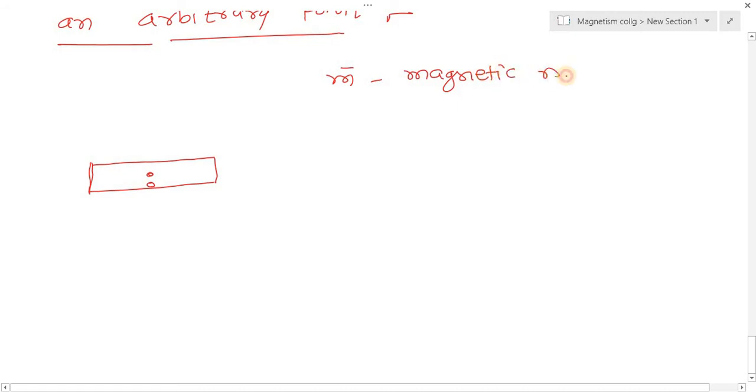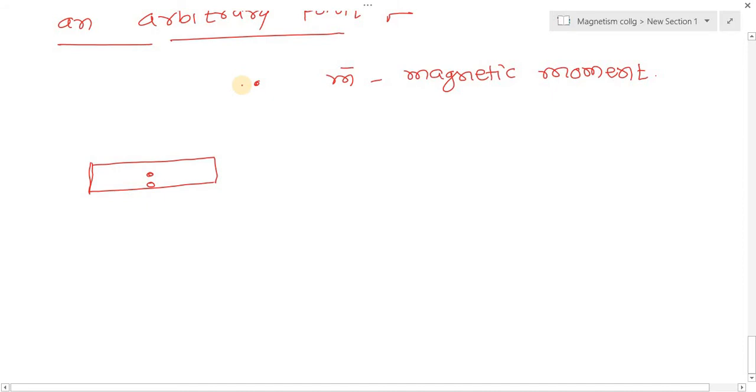Magnetic moment m bar is resolved about the center of the magnet. P is any point in its magnetic field.